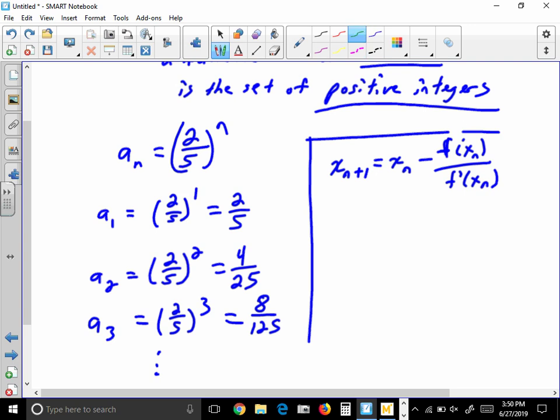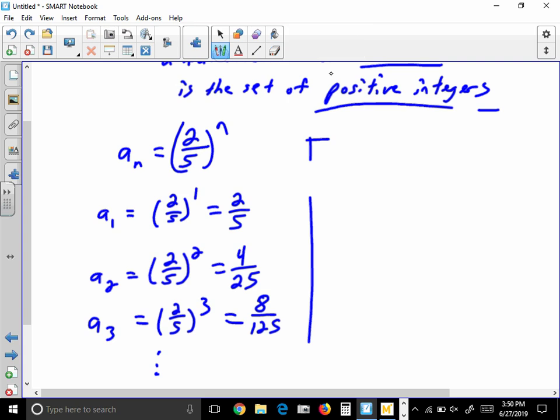Remember, we picked a starting point, and then the next estimate was dependent upon our first number. That's known as a recursively defined function. So sometimes we will have a sequence that is defined recursively. What do I mean by that? Let's look at an example.